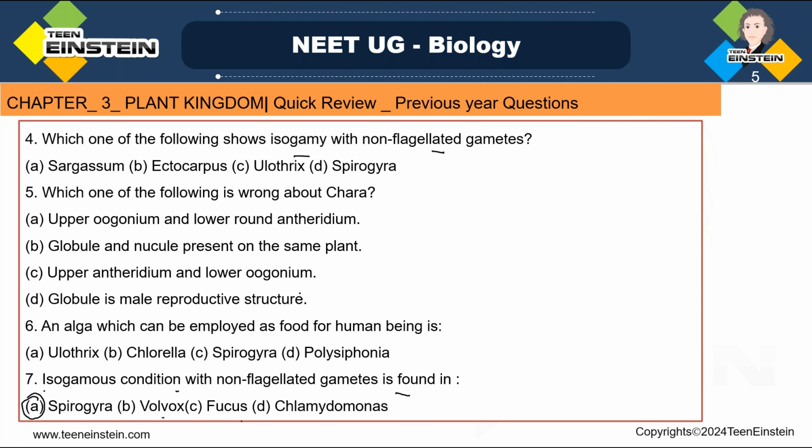Okay. Here the other options are Volvox, Fucus and Chlamydomonas, right? In this, Volvox and Fucus are examples of oogamous.